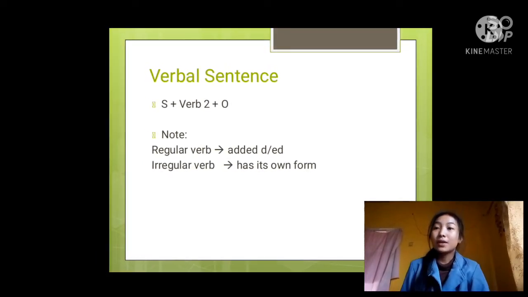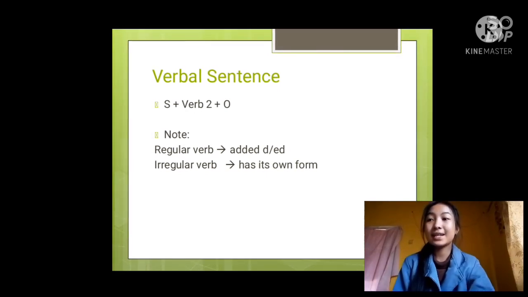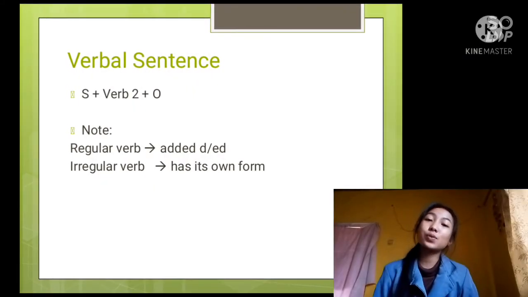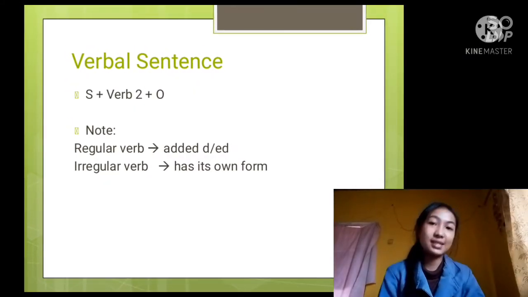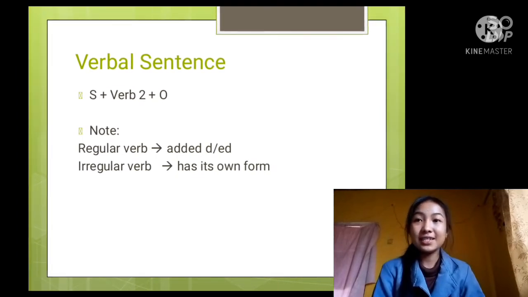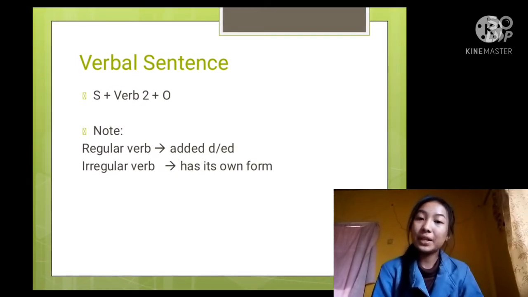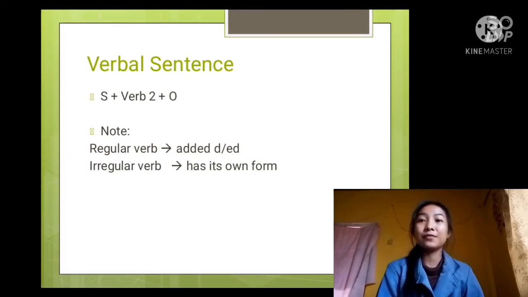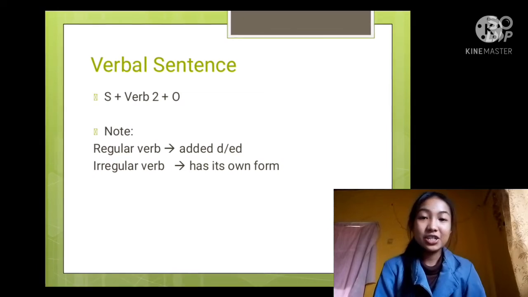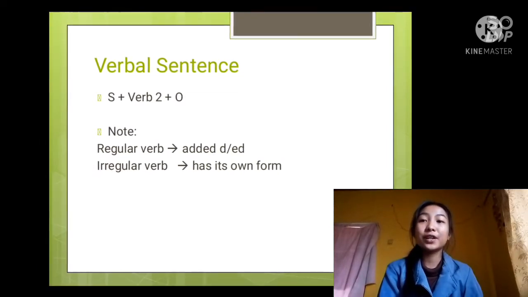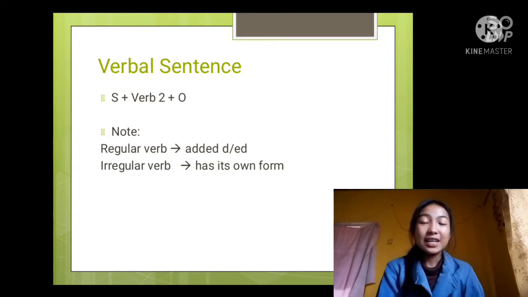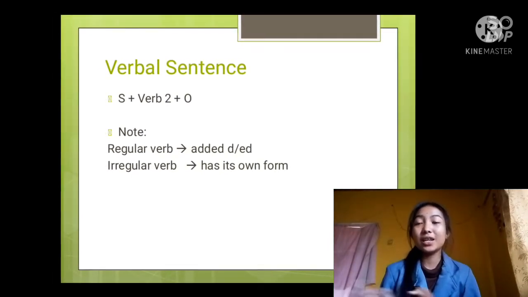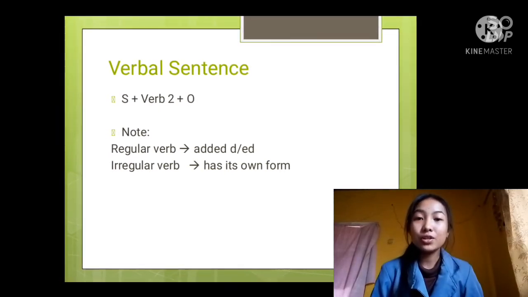Right, students, we move to the next session. It is about verbal sentence. In a verbal sentence we use the second pattern of past tense. The pattern is subject plus verb 2 plus object. We have two types of verb in English. The first is regular verbs and the second is irregular verbs. What is the difference between regular and irregular verbs? Who wants to answer it?